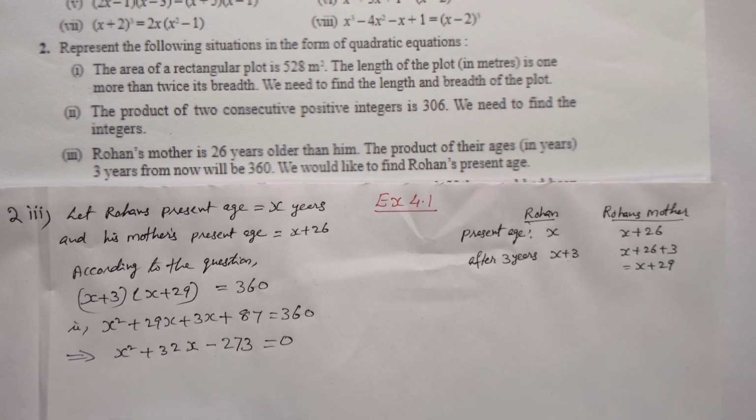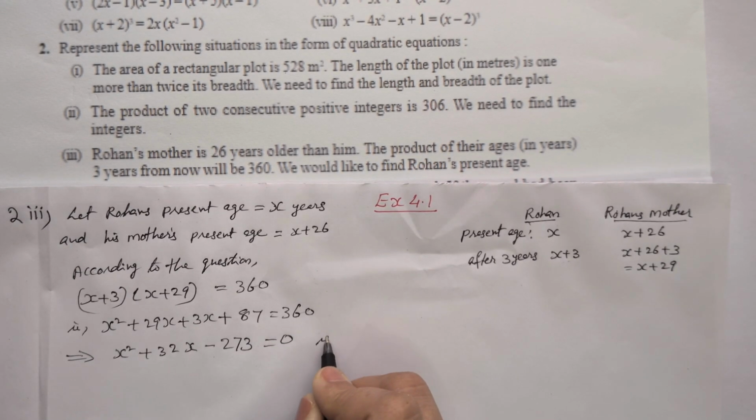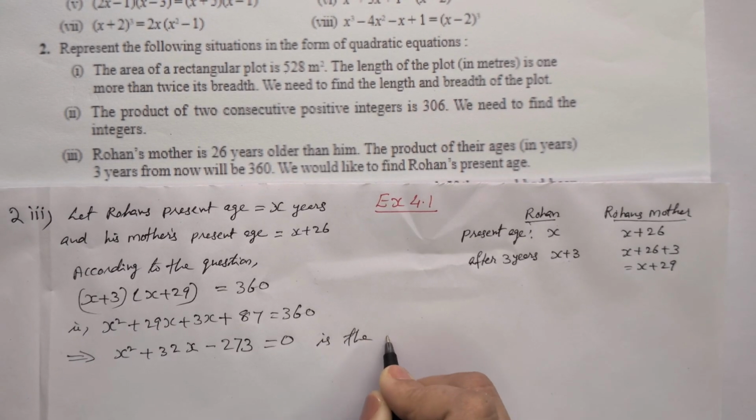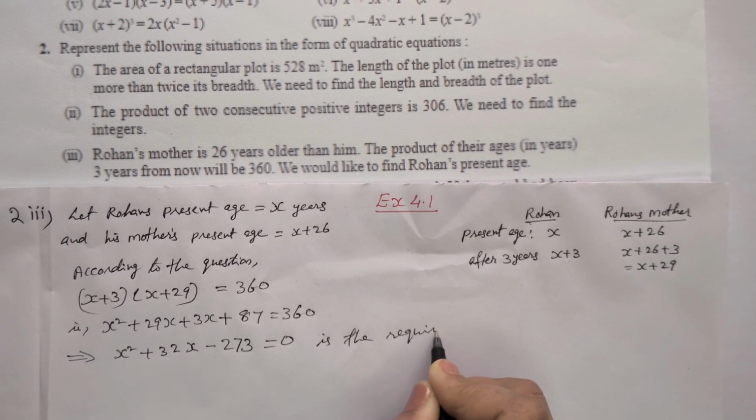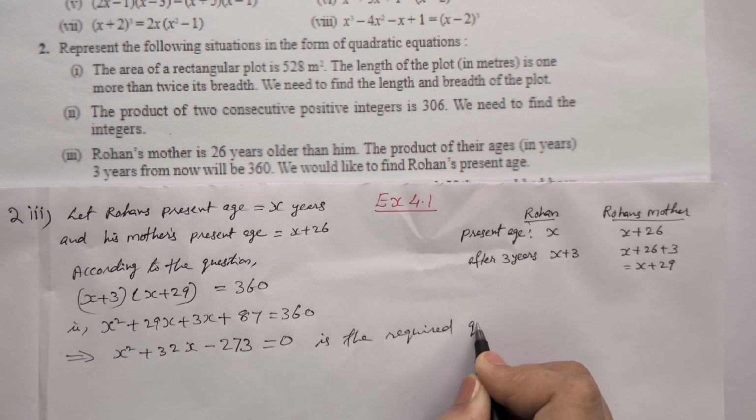This is the quadratic equation form, with the highest power of h being 2. So this is the required quadratic equation.